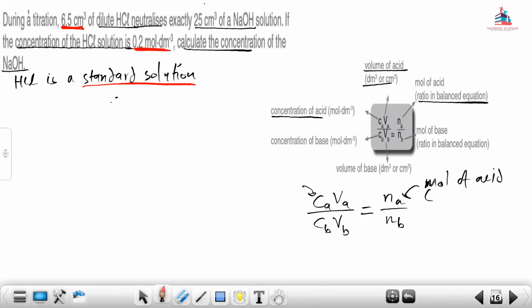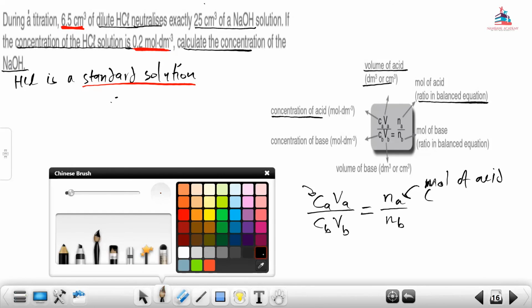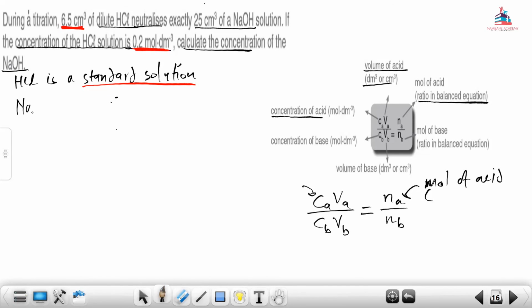Fine. Now, calculate the concentration of sodium hydroxide. So basically, sodium hydroxide now is an unknown solution.